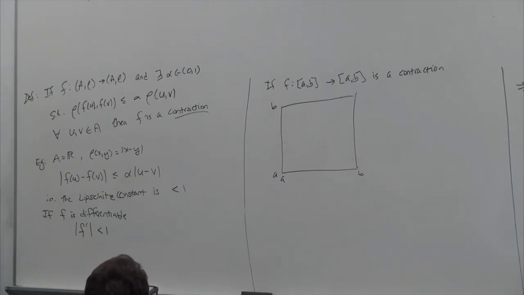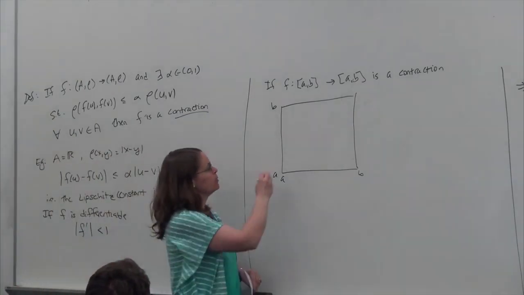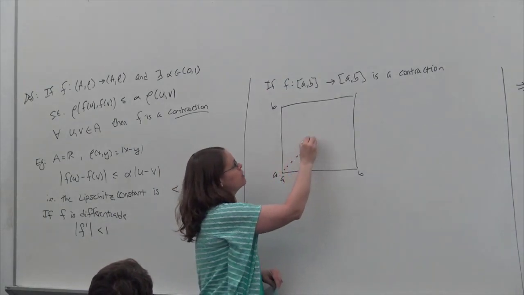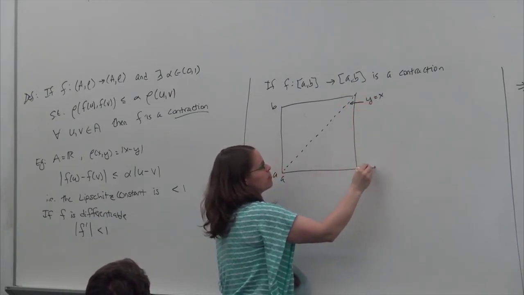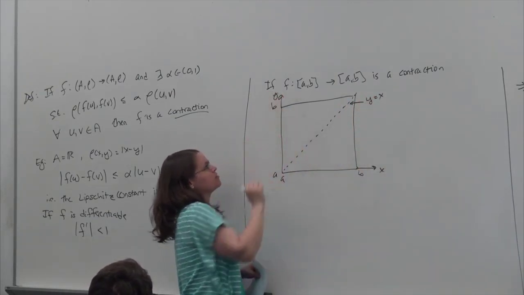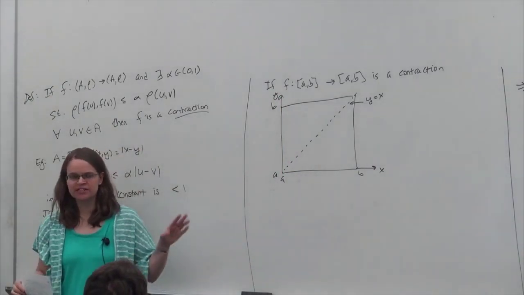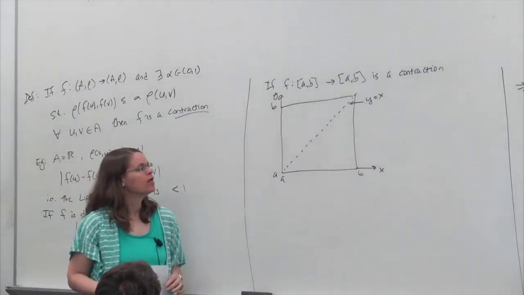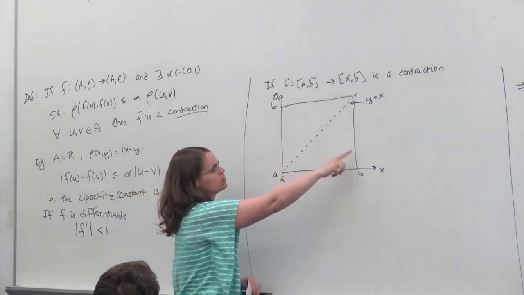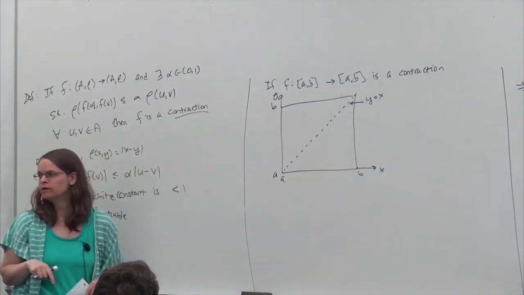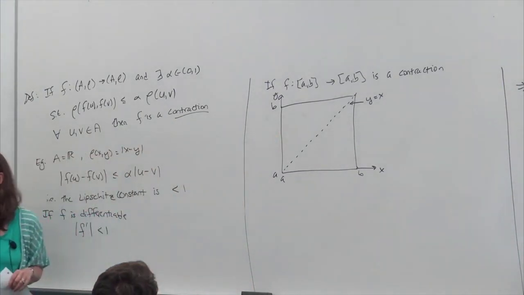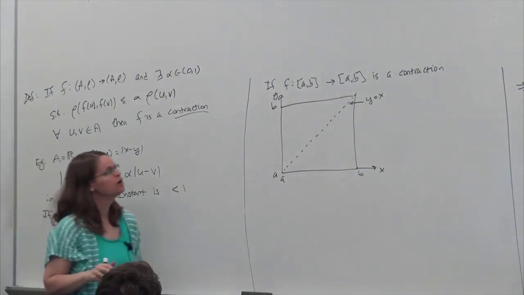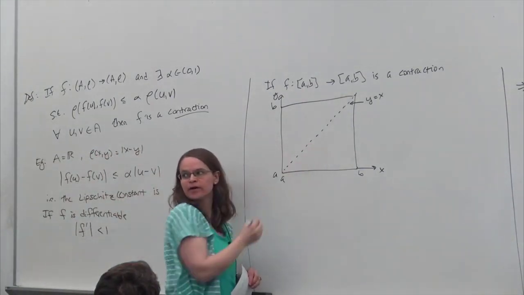A fixed point is where f of u is equal to u. So a fixed point means the function should lie somewhere on this line. This is the line y equals x, if this is my x-axis and my y-axis. If f has a fixed point, it will cross this line somewhere, right? So if my function is always over here, then no go. If it's always over here, then again, no go. But if it crosses the line, at the point that it crosses the line, the input is exactly equal to the output, and that's our fixed point.